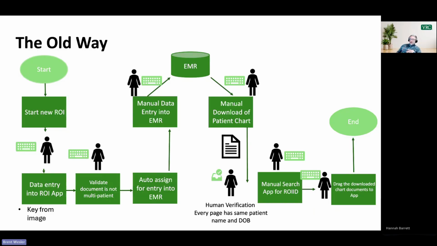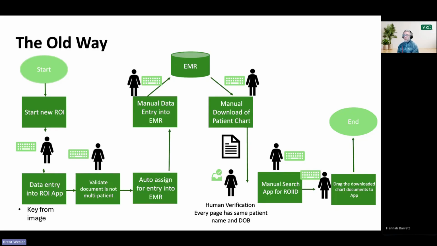We validate that. And then the Vital Chart application will assign, essentially, within a queue, that release information. And then somebody will log into that healthcare facility's EMR and manually enter some of that released information so that they can then download the chart documents for that patient.